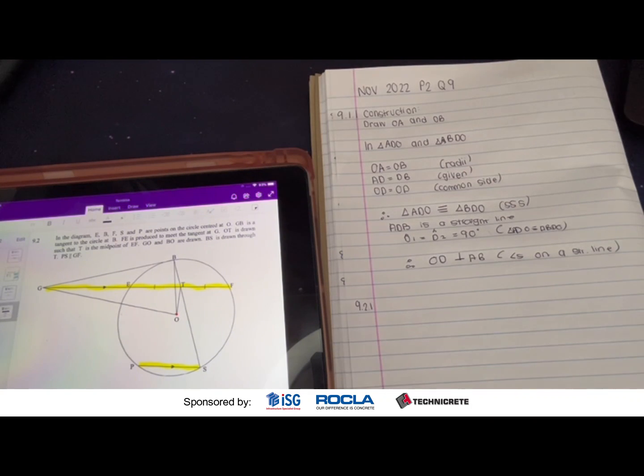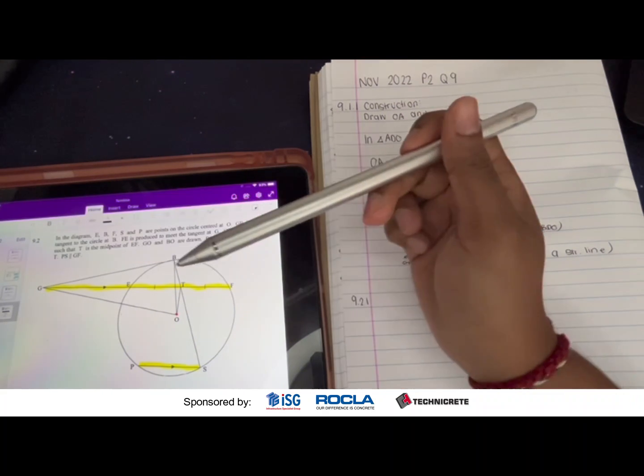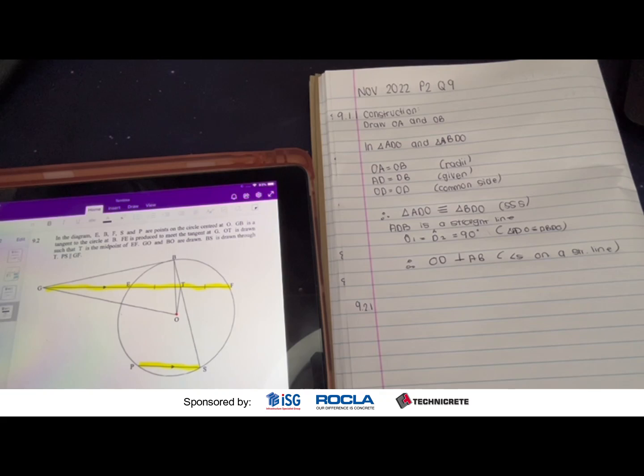So the first question says, prove giving reasons that OTBG is a cyclic quad. Okay, how are we going to use that? So in order for us to prove cyclic quad, we can use angles in the same segment.